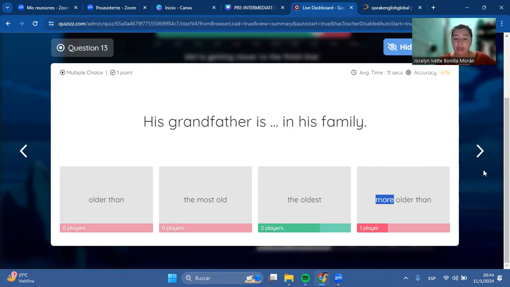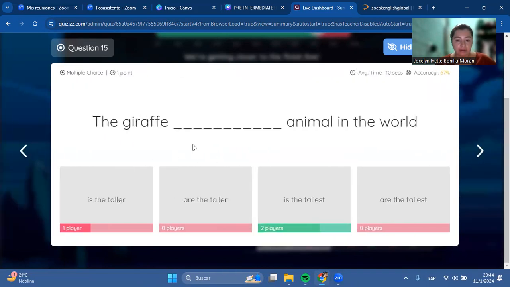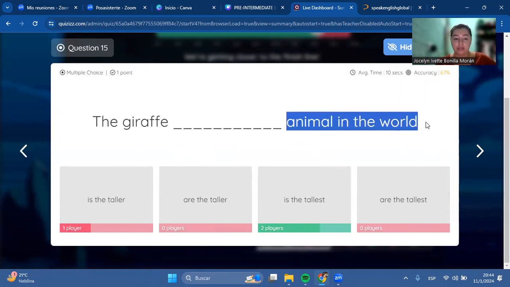And you need to have another person to compare with the grandfather, but in this case it says in his family, that means that it's a superlative. Russia is the biggest country in the world. The giraffe is the tallest animal in the world. So in this case we don't have another animal to make a comparison.